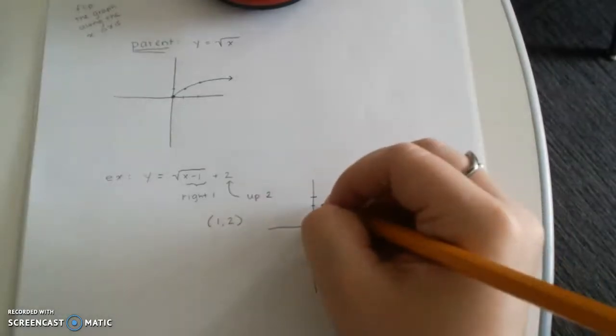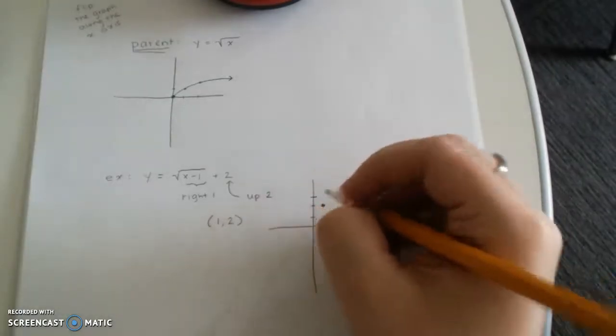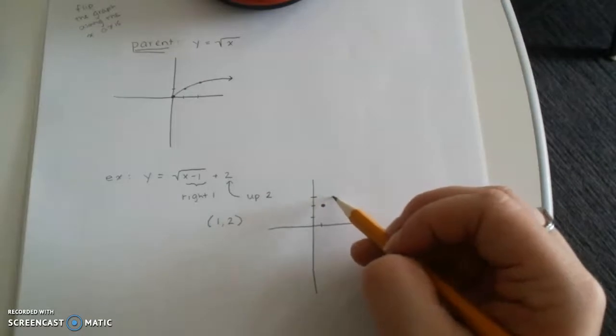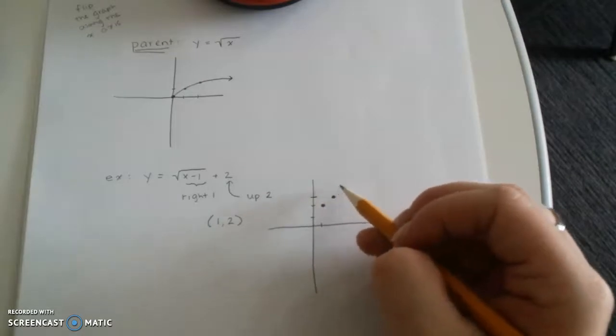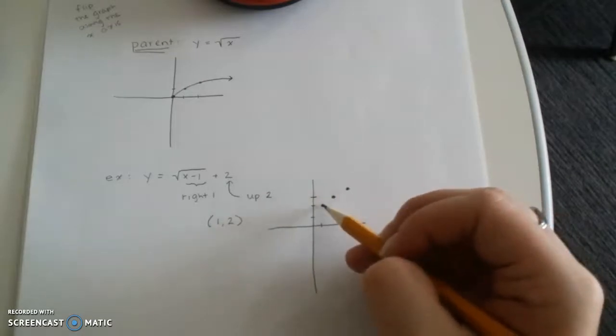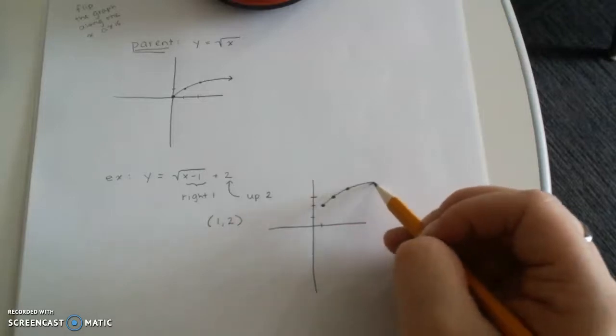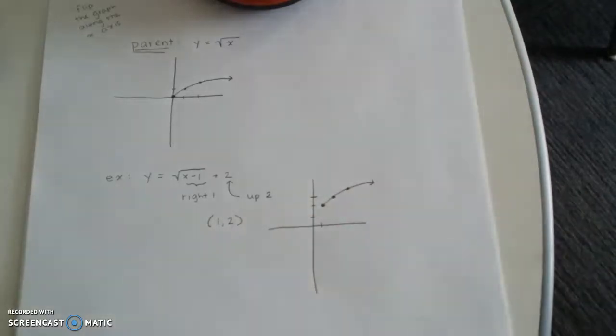And my slope is still up 1, still 1 over 1. So I'm going to go up 1 over 1, up 1 over 1. So that is that radical graph. Same exact rules for our vertex.